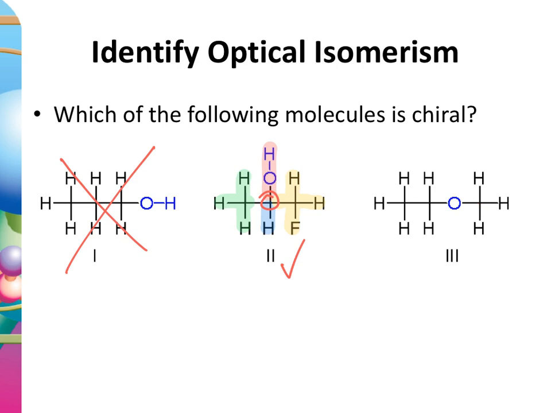The other thing, perhaps I should have emphasized earlier, is that if you're looking for a chiral center, knowing that you need four groups, the carbon you're looking at must have single bonds only. The moment a carbon has a double bond, it cannot be a chiral center because it cannot possibly have four different groups. There will be a line of symmetry through it somewhere.